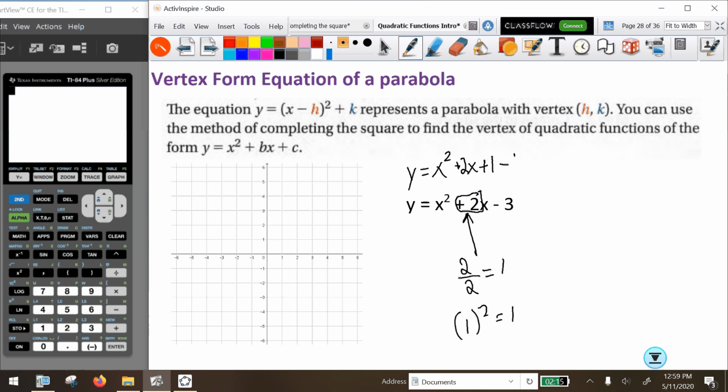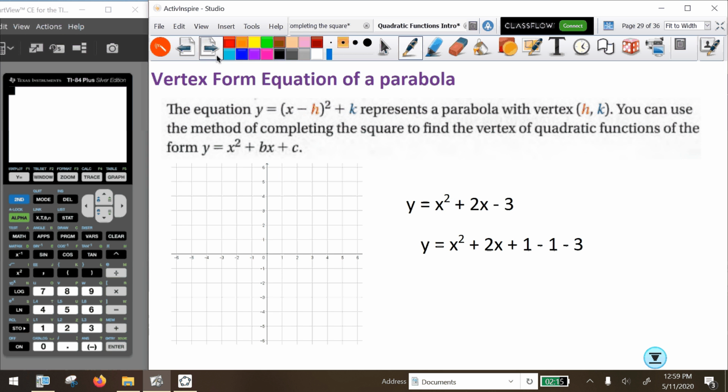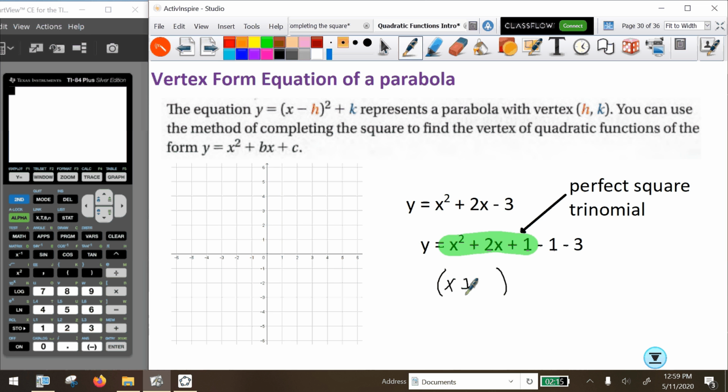So I added 1, then I subtracted 1 to undo that addition of 1, and now we created something called a perfect square trinomial, this part. So that's a perfect square trinomial, and we can factor that pretty easily. That would be x plus 1 squared. And now we have negative 1 minus 3, that's negative 4.